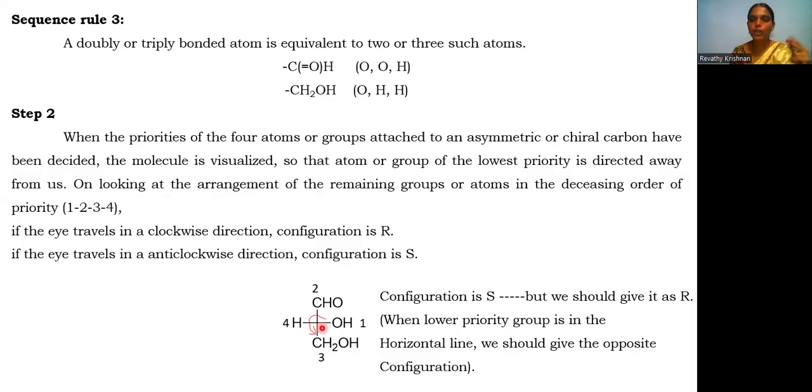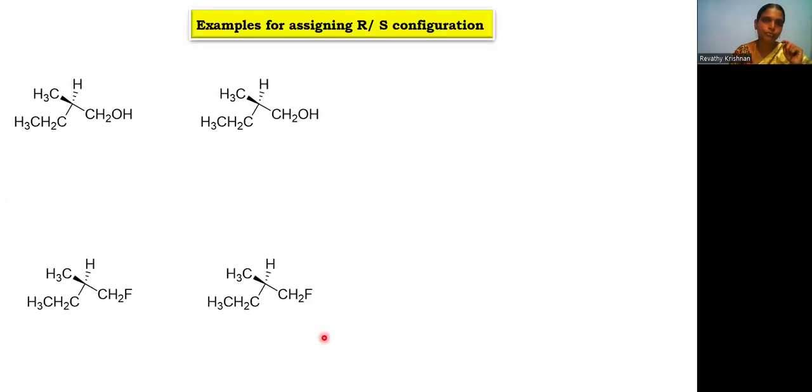Whatever you are getting, we have to give the opposite configuration. If you are getting R, I have to report it as S. If I am getting S, anti-clockwise, we have to report it as R. Likewise, in the Fischer projection, if the lower priority group is in the horizontal line, we have to give the opposite configuration. Even though it is found to be anti-clockwise, we have to give it as configuration R. This is one of the rules.